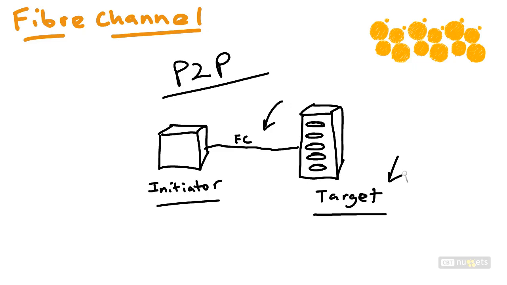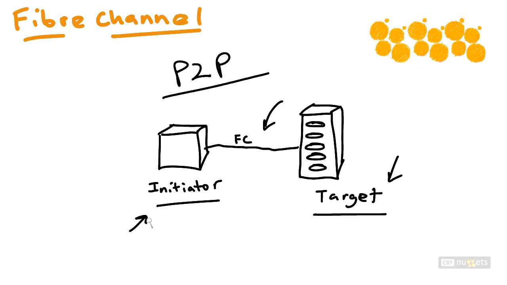Now, obviously, the storage here functions as a dedicated server, and the initiator functions as a client. This does great for performance, it does great for security, but obviously one of the issues with this point-to-point topology for Fibre Channel networks is it doesn't give us scalability, right?